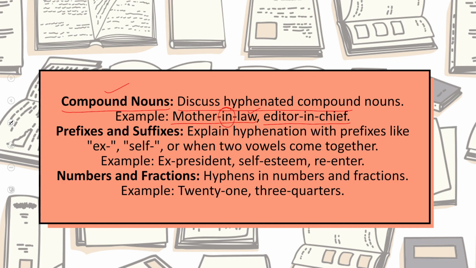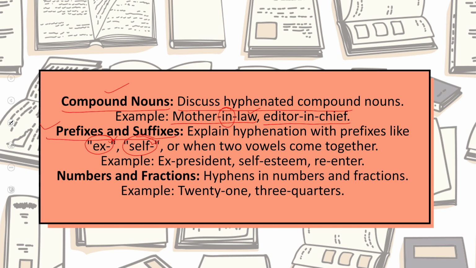We also use hyphens, the hyphen punctuation mark, in our prefixes and suffixes. Yes, when we are talking about affixes, which include prefix and suffix, we tend to use our hyphen punctuation mark. For example, ex- or self-, these are our prefixes, but we always use a hyphen with them, as you can see over here.